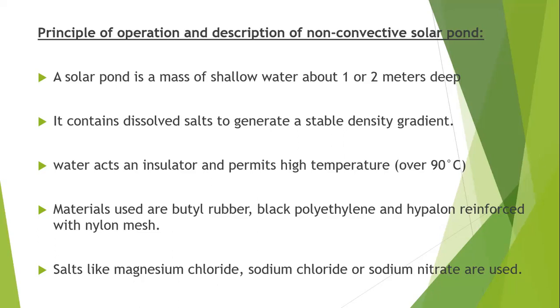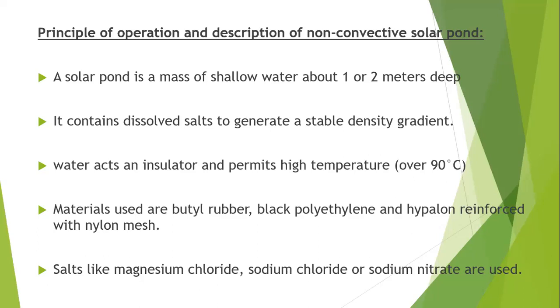Because of this rising and going down again, there is convective mixing, and due to this convective mixing there is the disadvantage of heat loss at the surface. Due to this convective mixing, we cannot attain high temperatures in the pond. Only small temperatures are attainable, below 20 degrees.